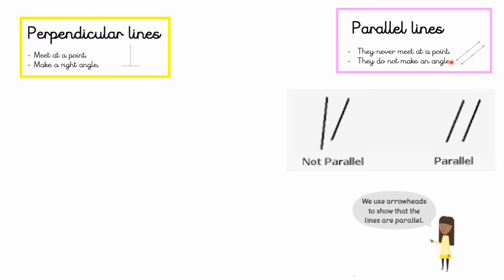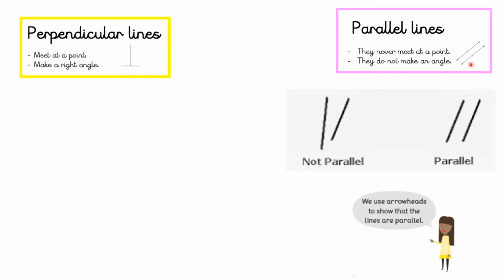We mark them with a little arrow halfway. Can you see here? So we do a little arrow halfway in order to mark parallel lines. Perpendicular lines, we were not marking them, we were just giving them names. Parallel lines, we give them names, but also we mark them with a small arrow halfway.